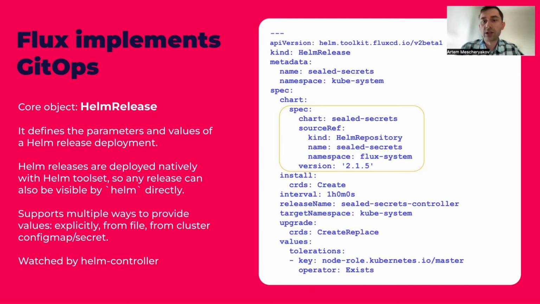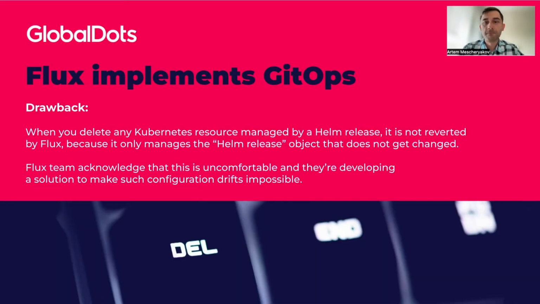So defining chart source is done in a specific manner. With Flux, you define chart sources separately, and then you refer to them. Release name, target namespace, I think it's clear, values. A small drawback exists, and I always warn about it, that Flux and Helm controller manage Helm release object.